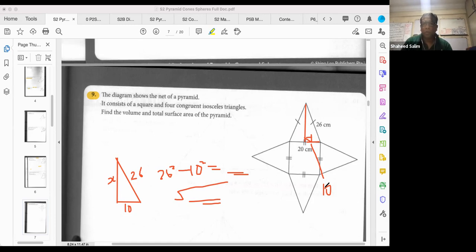Well done. So now you can find, this is 24 now. You can find the area of the triangle. Base is 20. Height is 24. Nice.